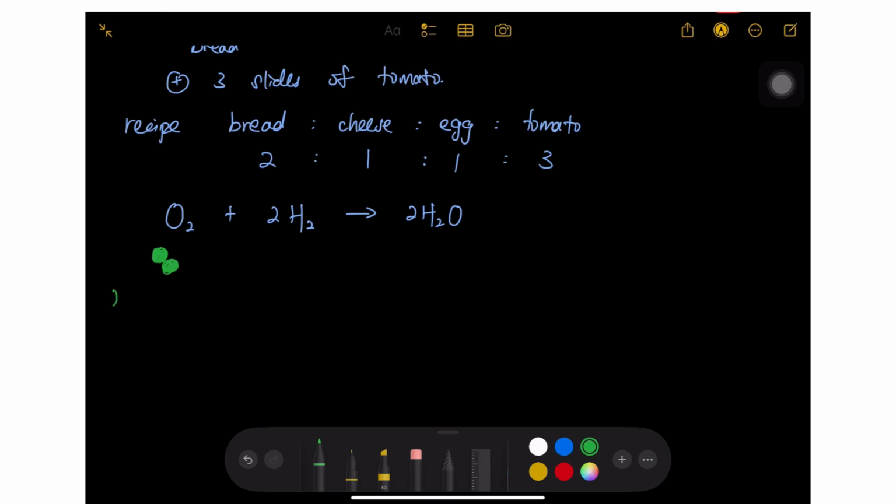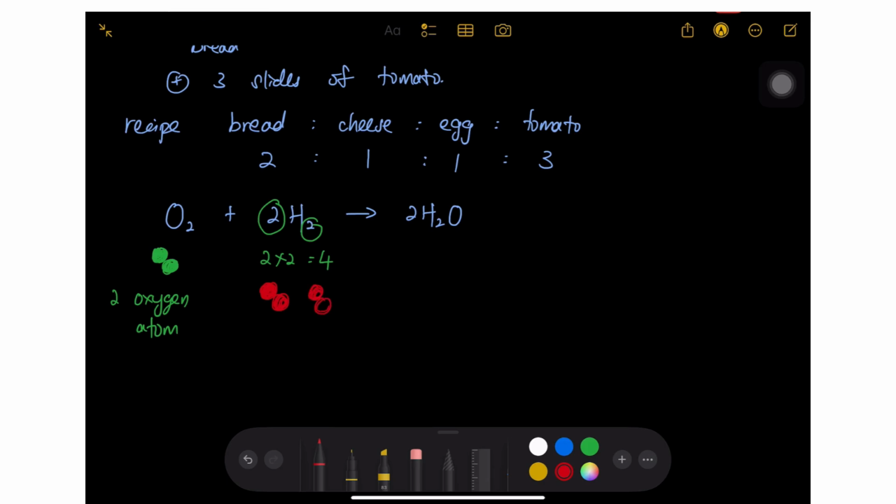So this is 2 oxygen atom. And for H2, you have a 2 here, you have a 2 here. So 2 times 2 equals to 4. Meaning, I will have 2 pairs of H2.